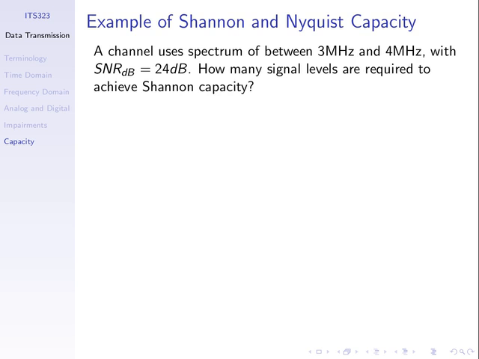We know this, 24 equals 10 log base 10 SNR. Therefore, you just solve for SNR. What is SNR now? 10 to the power of 2.4. The one with no subscript. SNR in the Shannon capacity is the absolute value.